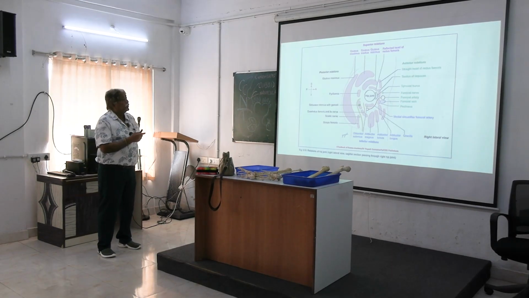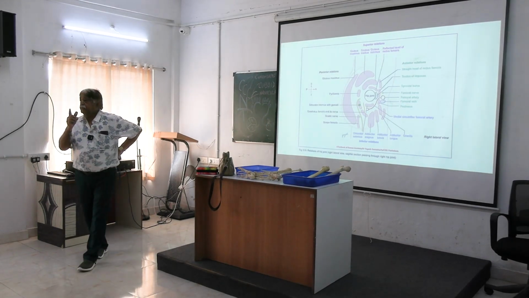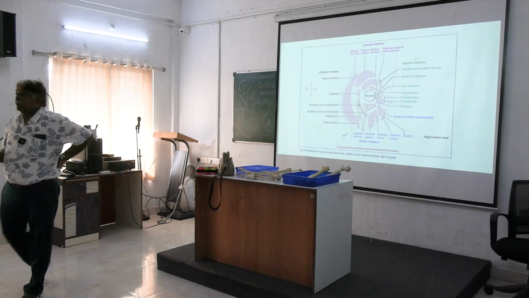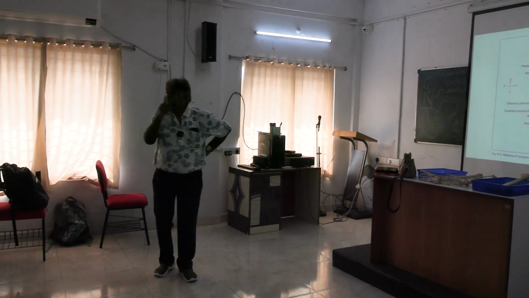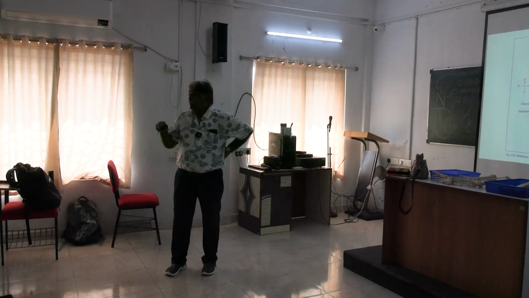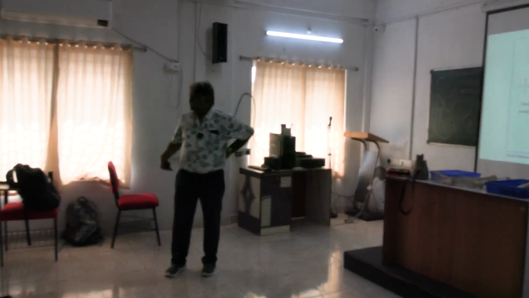Now, see, I told you the comparison. I showed you earlier when I was showing you the shoulder joint that this picture is similar to your hip joint. You just put the two pictures side by side.